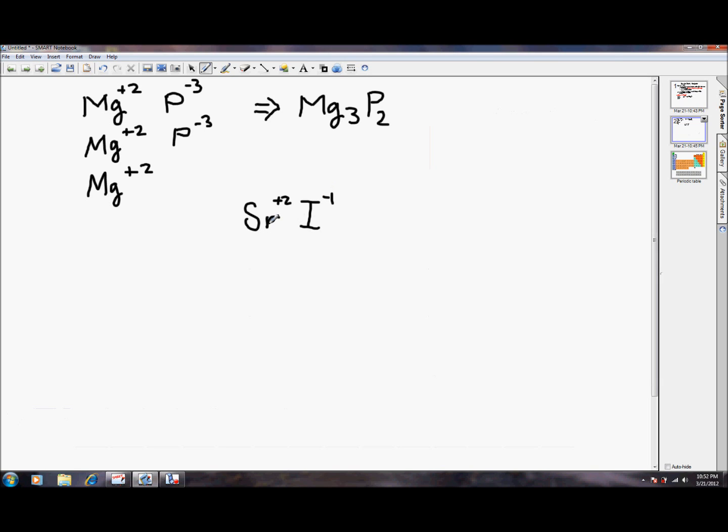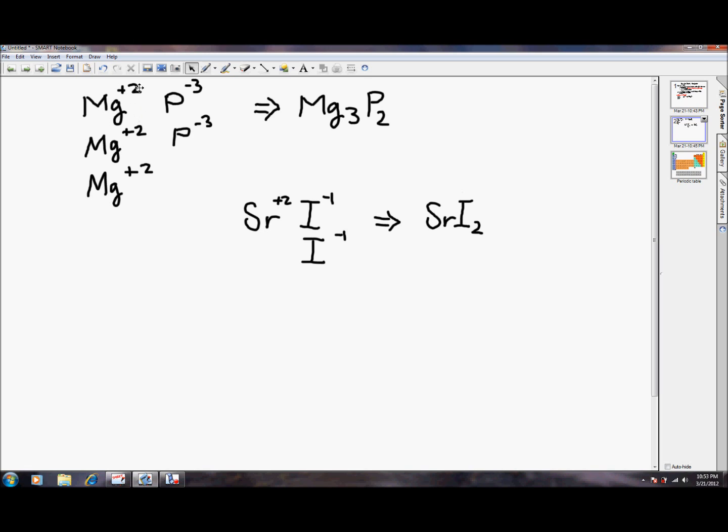Those don't add up to 0. You can see pretty quickly that I would need 2 -1s. So that means the compound is 1 Sr and 2 Is. So SrI2.